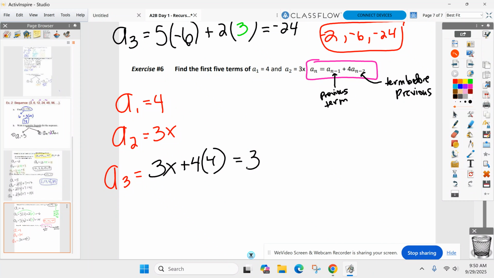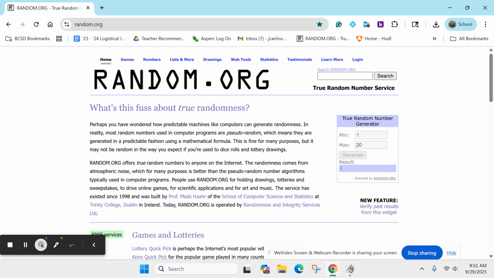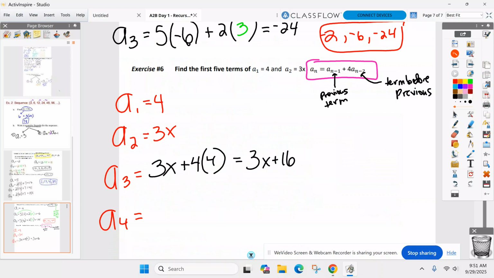All right, back here. This is going to be 3x plus 16. Next one, fourth term. Use the rule that we've been using. Go through it with me. Samir, previous term is what? 3x plus 16, plus 4 times the term before the previous, which in our case is now what? 3x.